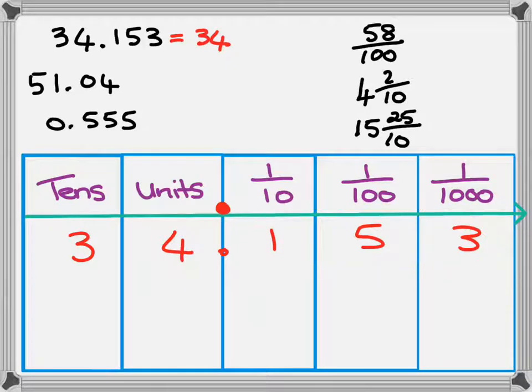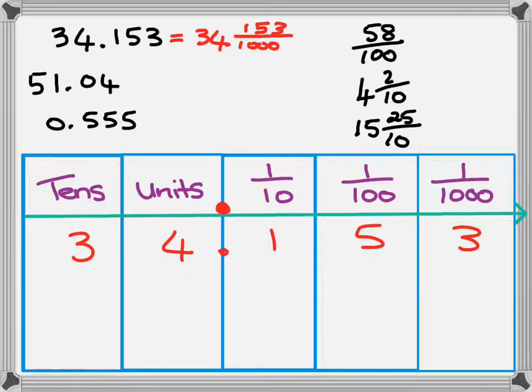And we can see it ends under the thousandth column, so it's going to be over 1,000. Okay, and sorry, I'll write your 1,000 back there now. It's going to be over 1,000. And the number on top of it is this, 153.